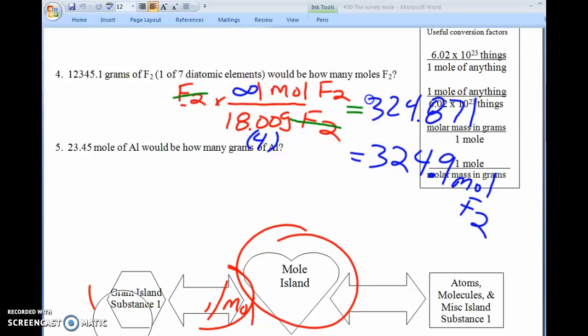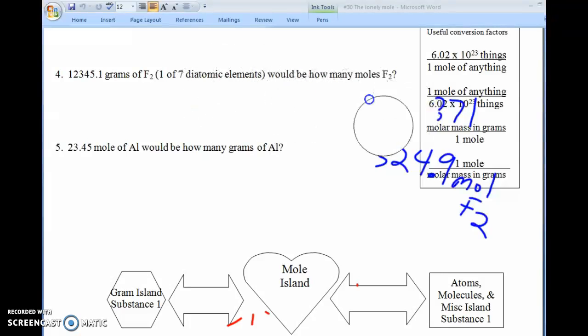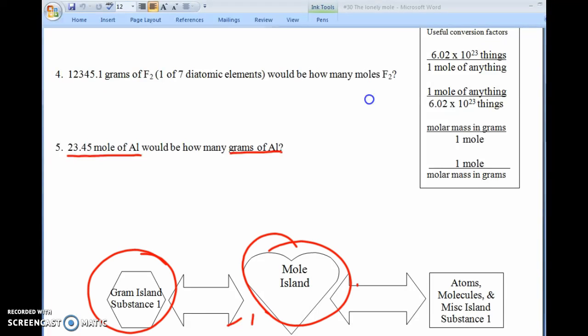And we're going to go to the next problem, which is the 5s. On the 5s, we're starting with 23.45 moles of aluminum, and we want to go to grams of aluminum. So we are starting right here, and we are going over here, and we are going again across the bridge called grams per mole, which we'll get information from the periodic table on how to solve.